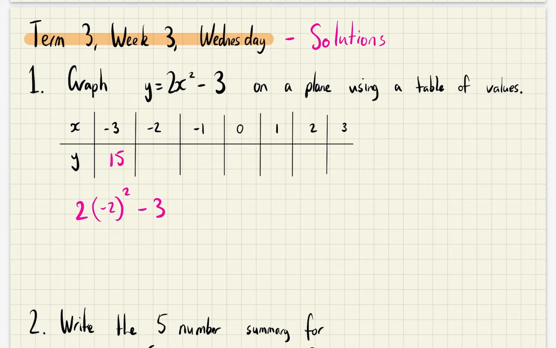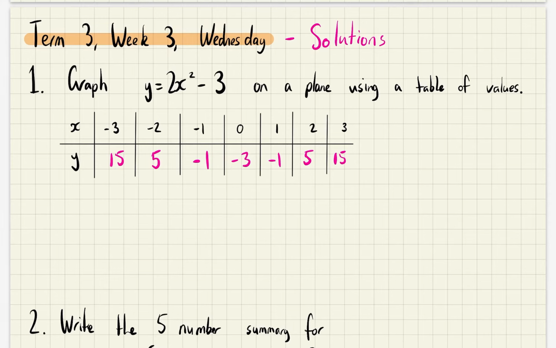Then I do the same again for minus 2, and I get 5. For minus 1, I get negative 1. For 0, I get negative 3. And when I go to 1, it's negative 1 again, so it's going to start bouncing back up. So I'm going to write it like that.